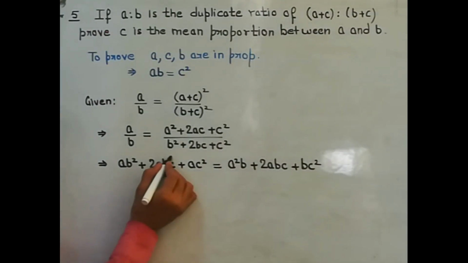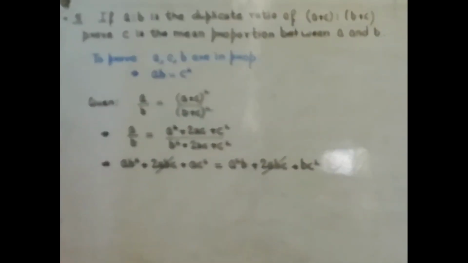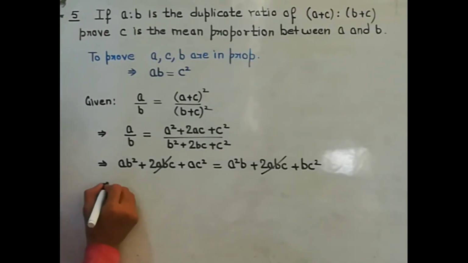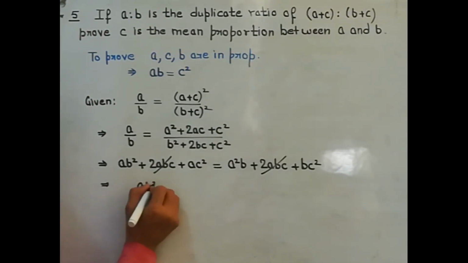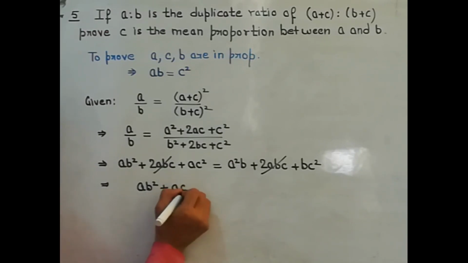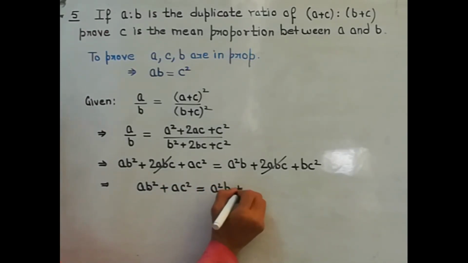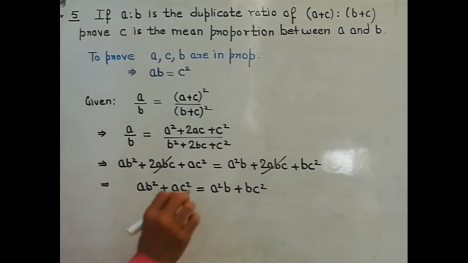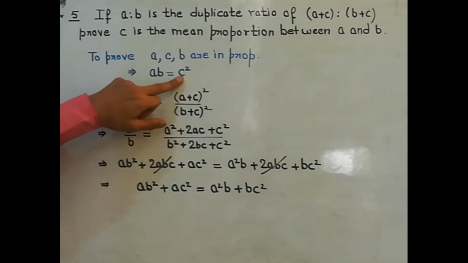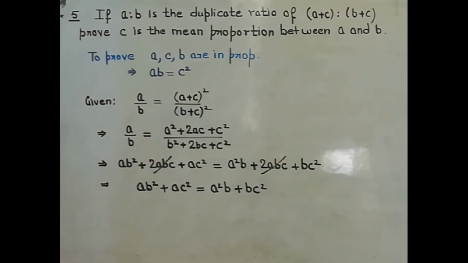Now 2abc, this will cancel out. So we are left with ab square plus ac square, and this is clear. Now what we have to prove at the last, we need c square on one side and ab on the other side.